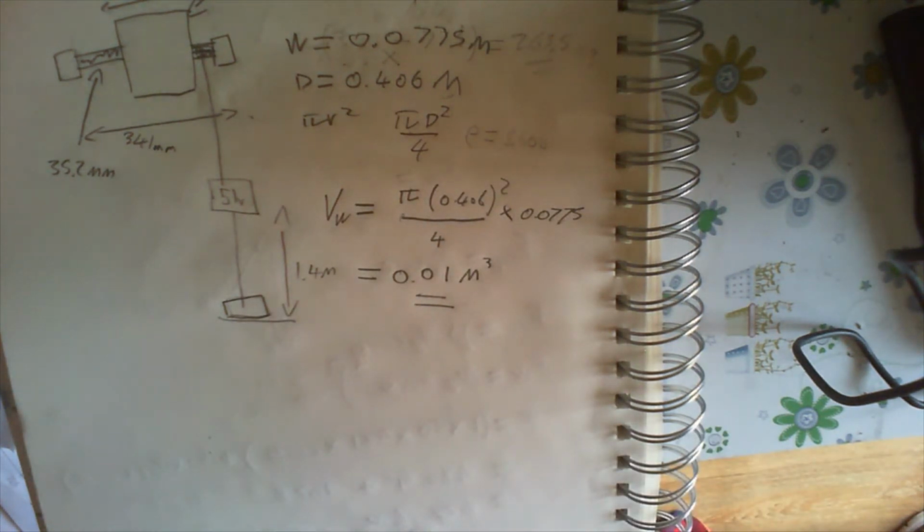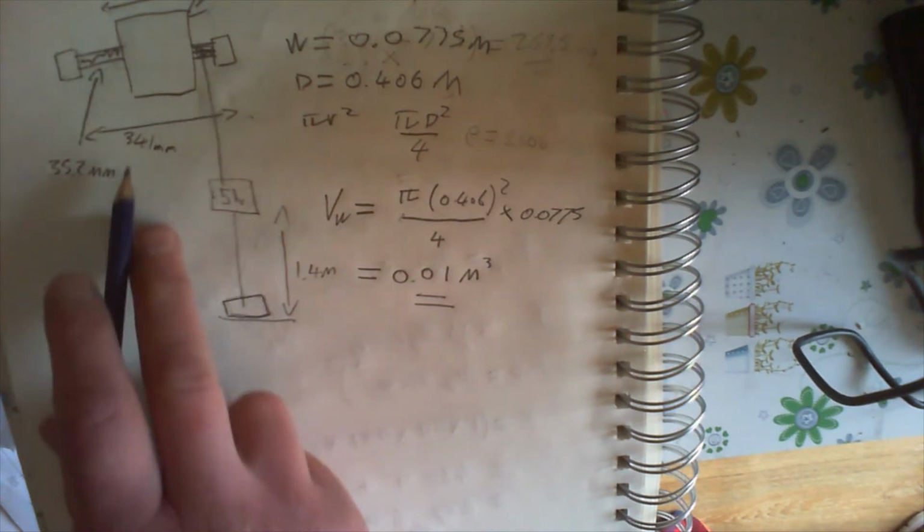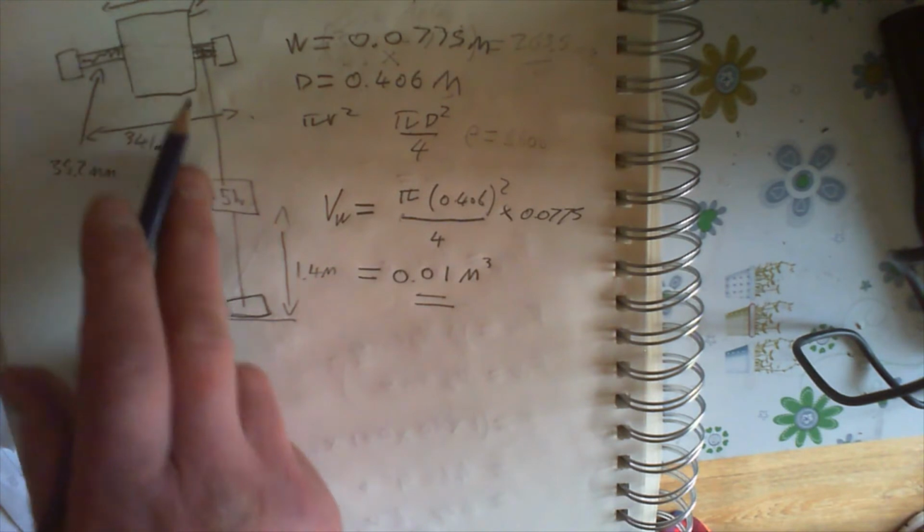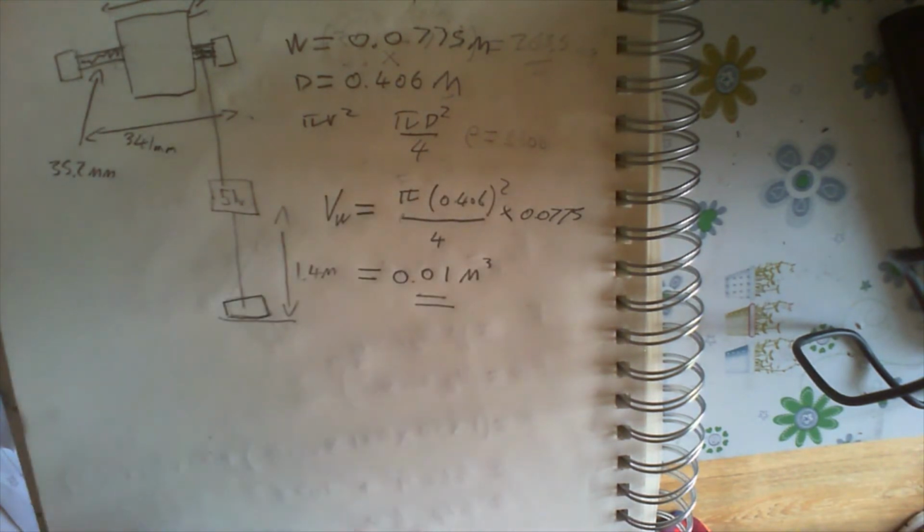Right, the next part, the axle. The part of the axle we're looking at is this and this part, because we're assuming that this part of the axle is included in this part.